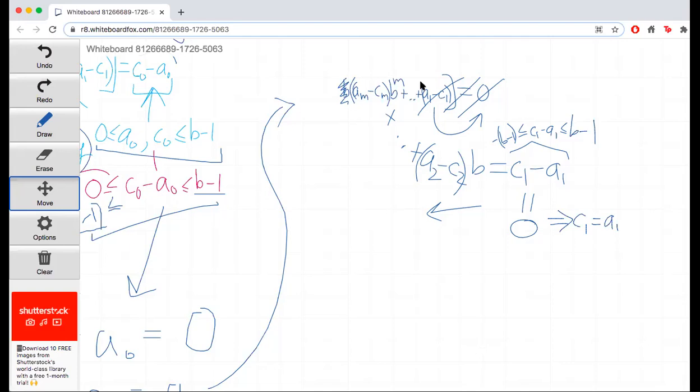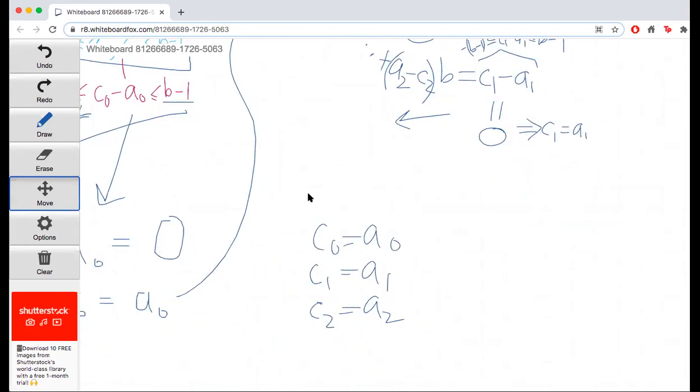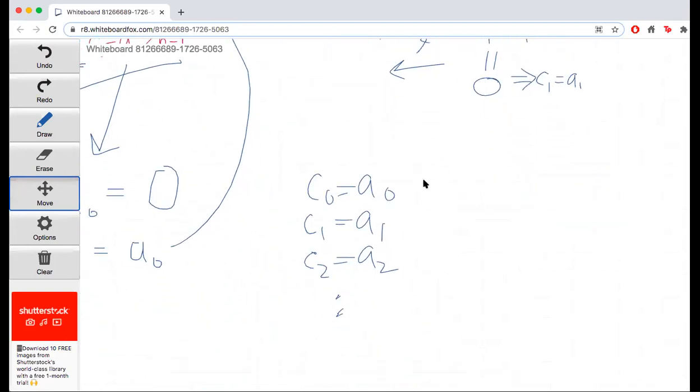We're going to get C0 equals A0, C1 equals A1, C2 equals A2, and eventually also the biggest ones, so CM equals AM.